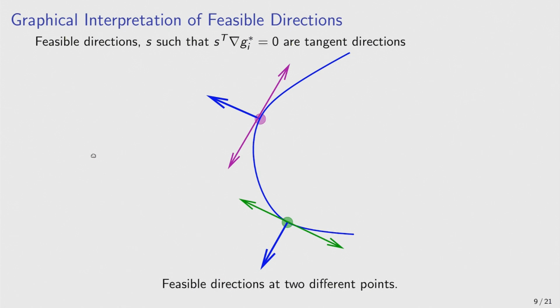And then the directions that are perpendicular to this outward normal are the feasible directions. So S transpose G star equals 0 means these two directions are perpendicular to one another. So those are feasible directions at 2 points. They're only feasible when you take an infinitesimal step, right? I mean, if I go too far along this direction, I'm infeasible, but I'm only interested in what happens if I take an infinitesimal step at this point.